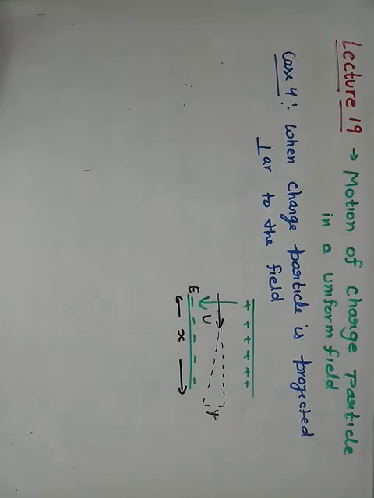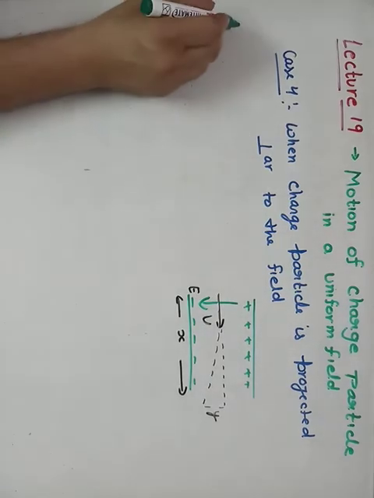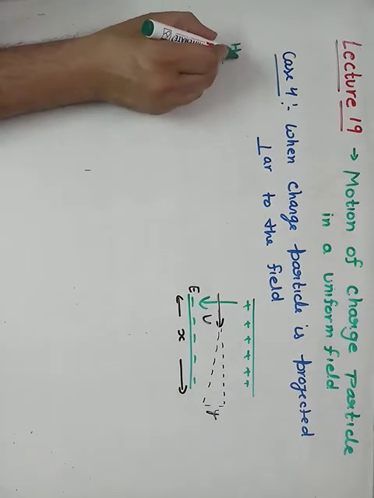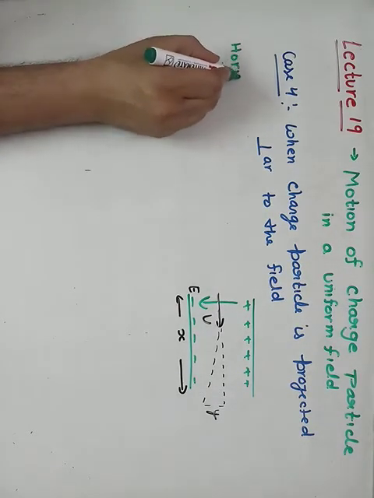Now here we consider two types of motion. One is horizontal motion and the second is vertical motion. First we consider horizontal motion.